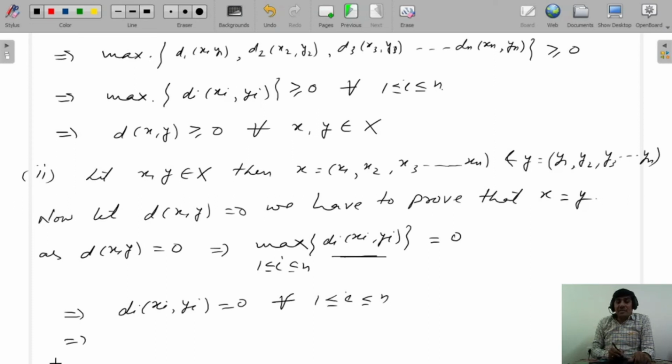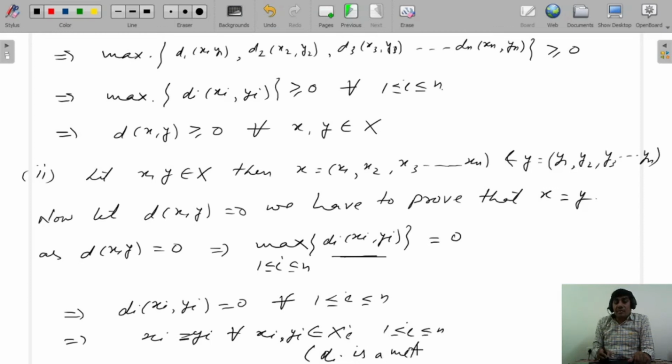This implies xi is equal to yi for every xi, yi belongs to capital Xi, i varies from 1 to n, because di is a metric on Xi.